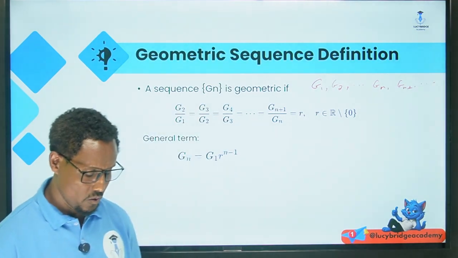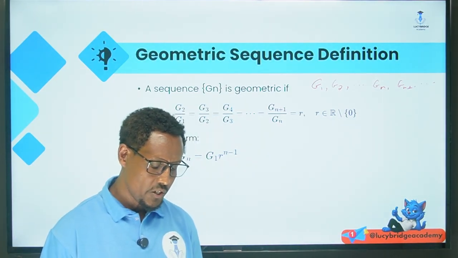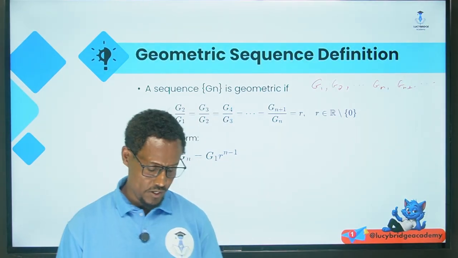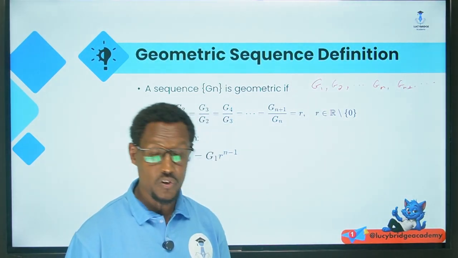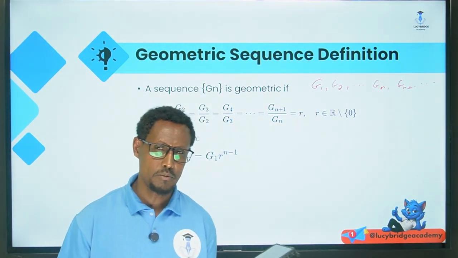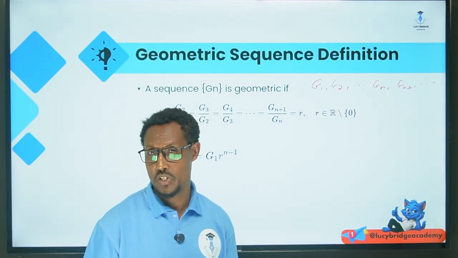If this is our geometric sequence, if it is our geometric progression, G2 over G1, G3 over G2, G4 over G3, that means the ratio of consecutive terms, okay? The ratio of consecutive terms of a geometric progression is constant.